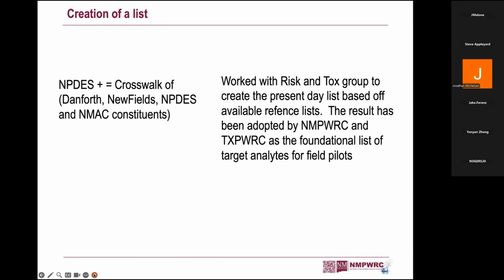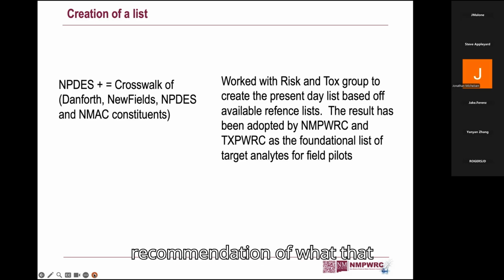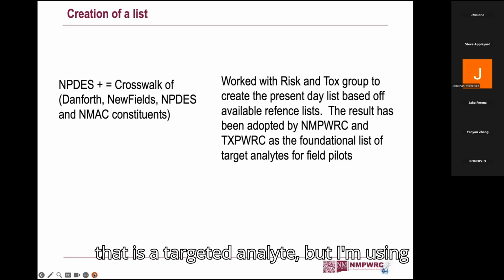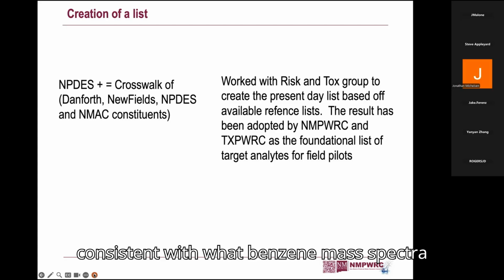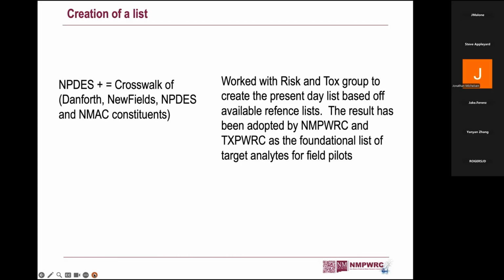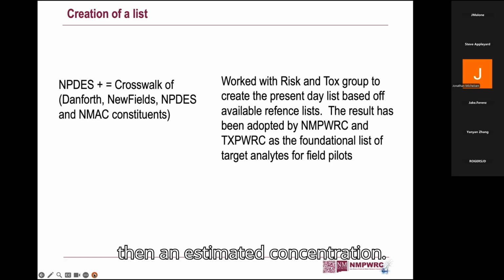And any mass spectral fragment that is seen by that, the library will give you a recommendation of what that mass spectra would be. So for example, benzene. Now that is a targeted analyte, but I'm using that as an example. The mass spectra is consistent with what benzene mass spectra would be, and it would give you a confidence number for that, and then an estimated concentration.